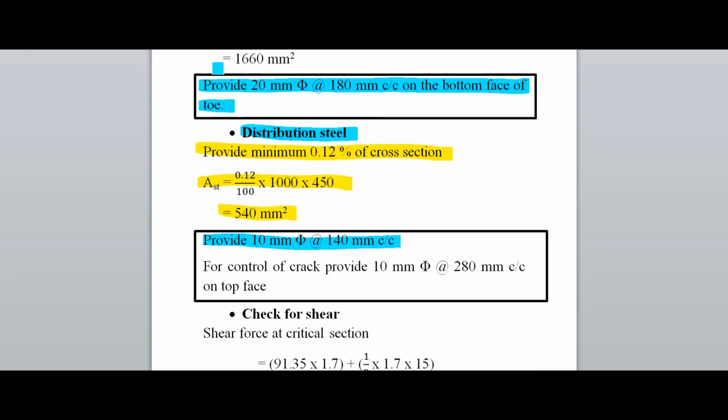The distribution steel is minimum 0.12% of cross section. For the control of cracks, provide 10 mm dia at 280 mm center to center. We just multiply this distance by 2.